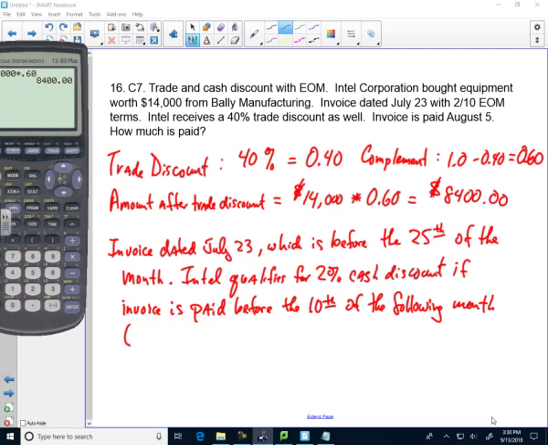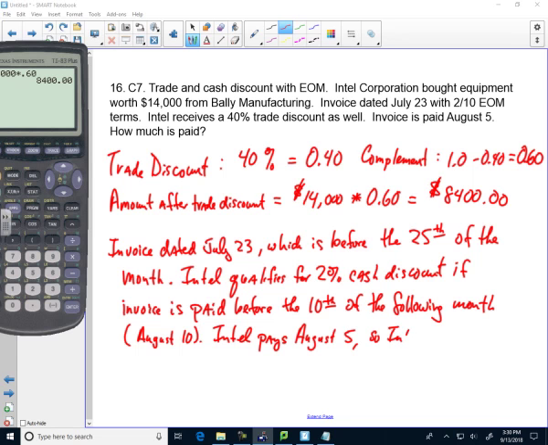Which is, let's see, July, that'll be August the 10th. Intel pays August the what? 5th.